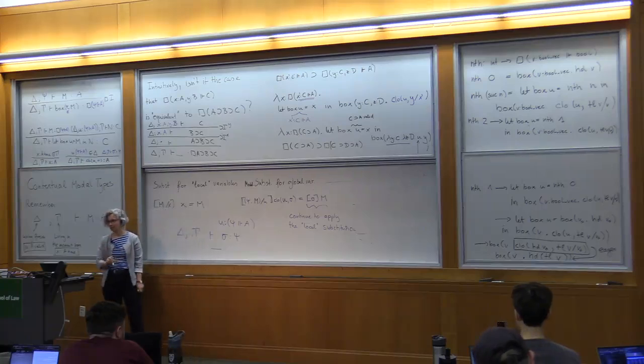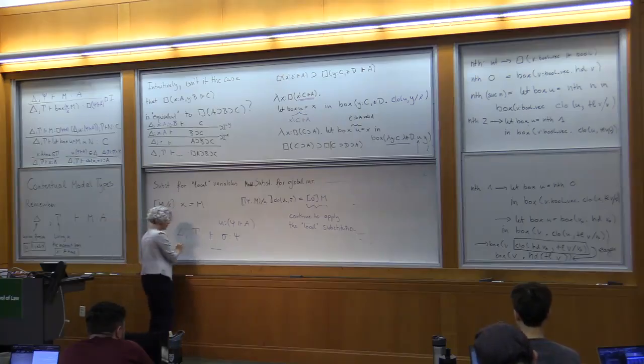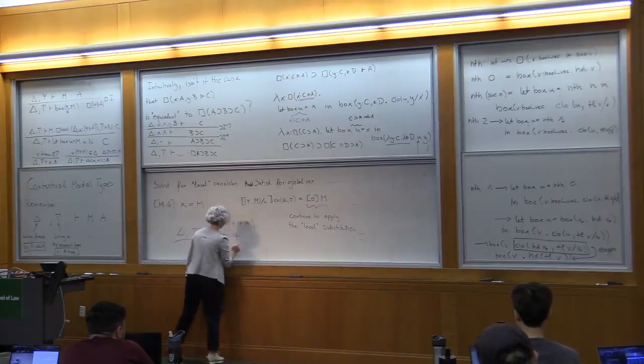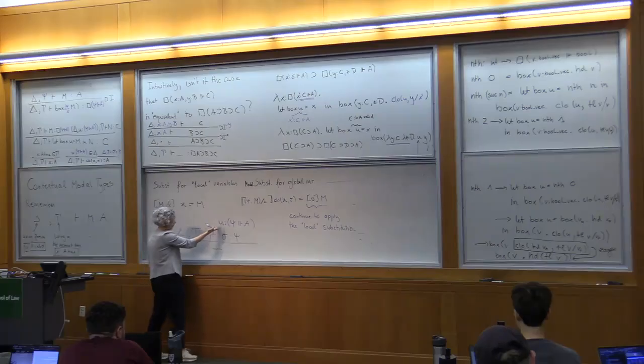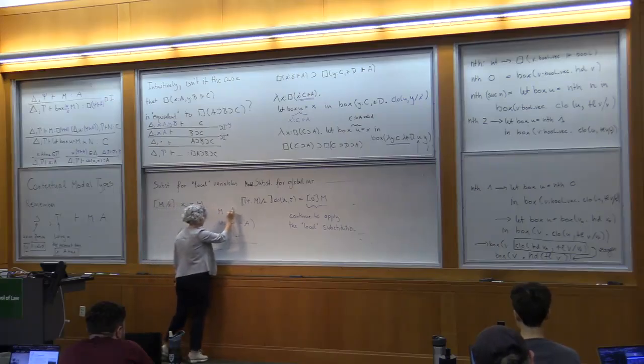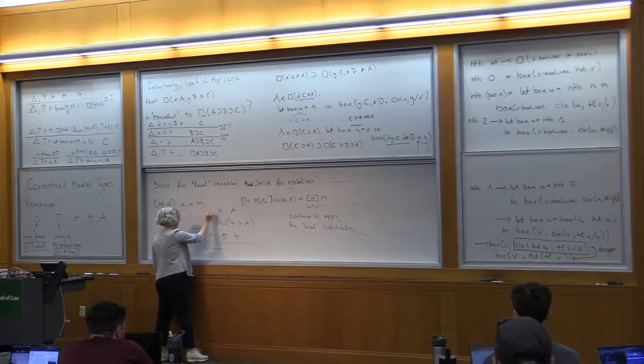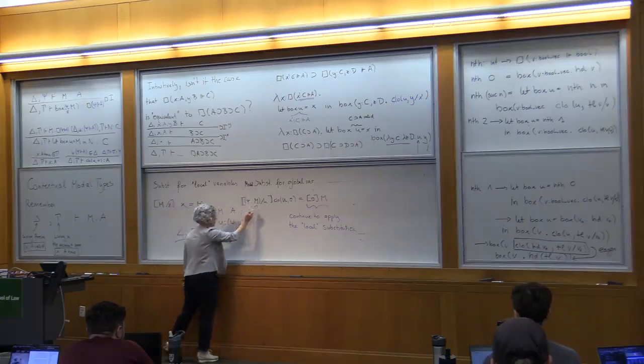So we can apply it. And the result, if you plug in this m, so m is also of type A in psi delta. So this is what this means essentially.